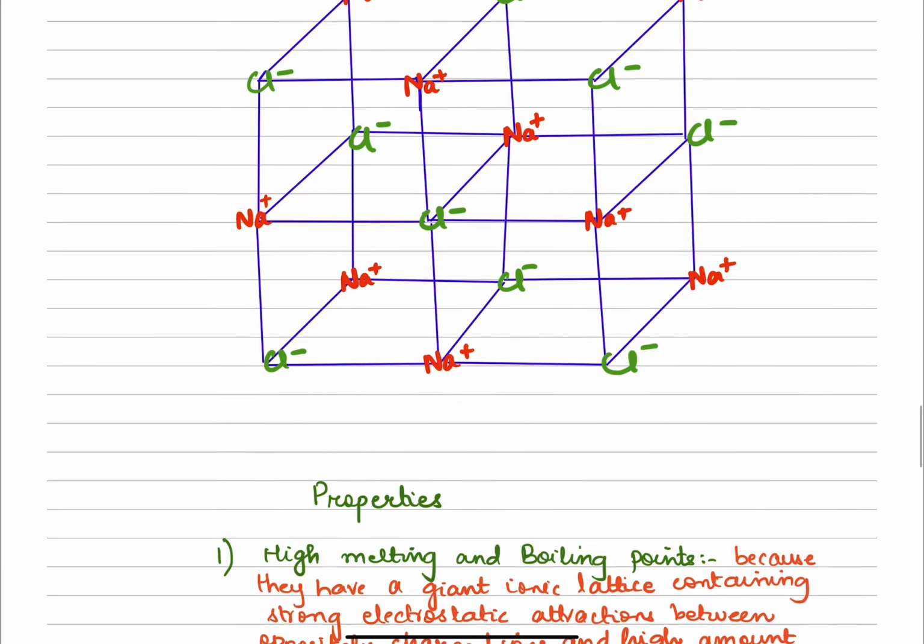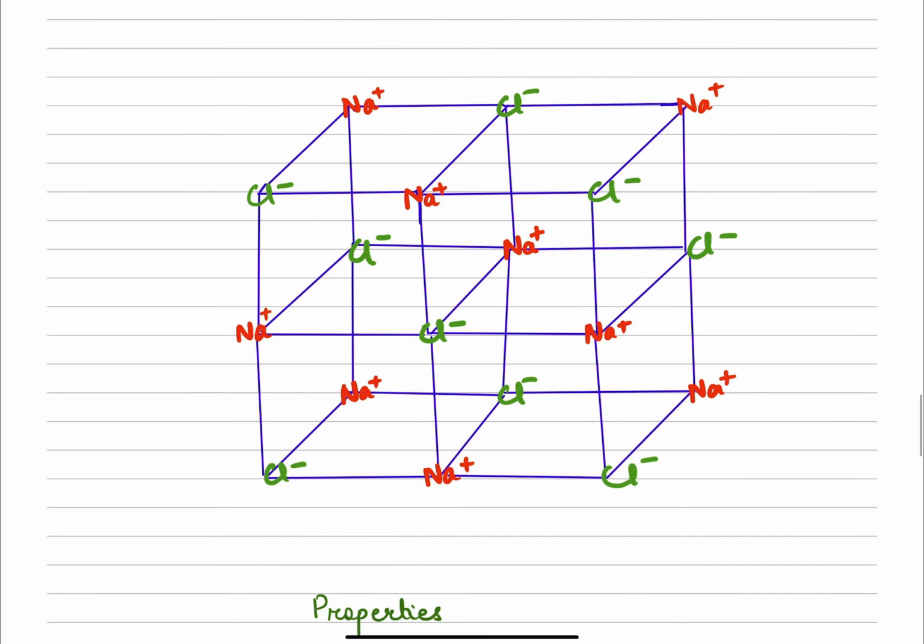If you look at the structure in the solid form, these ions are held together in their fixed positions like that in a solid. So they are not able to move. They're only vibrating about their fixed positions. However, if I melt them, I will weaken these electrostatic attractions between oppositely charged ions. When I weaken these attractions, these ions will now be free to move as in a liquid, where the ions or atoms or molecules are free to move and slide over each other.